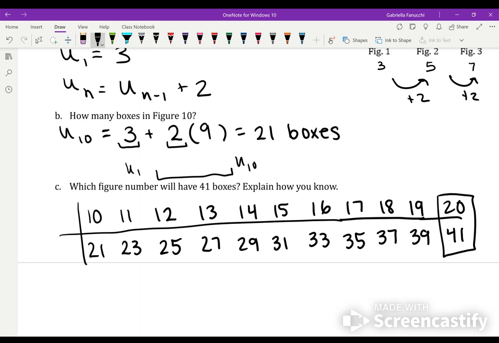So in figure 20, there's going to be 41 boxes.